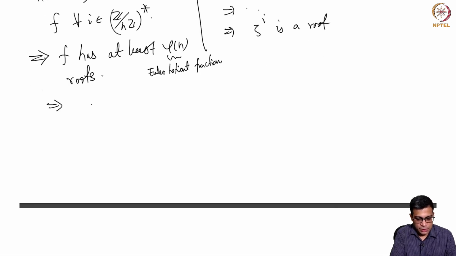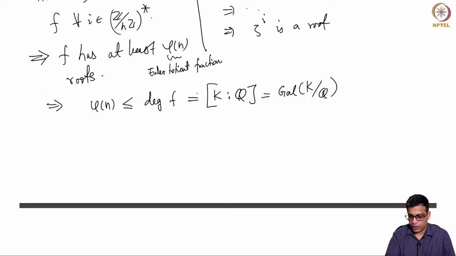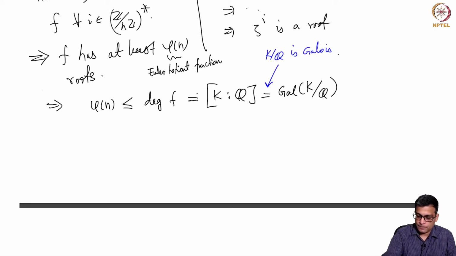This means phi n is less than or equal to degree f, which is equal to the degree of K over Q, which is equal to the order of Galois K over Q, and this is because K over Q is Galois, right, and K is Q zeta.